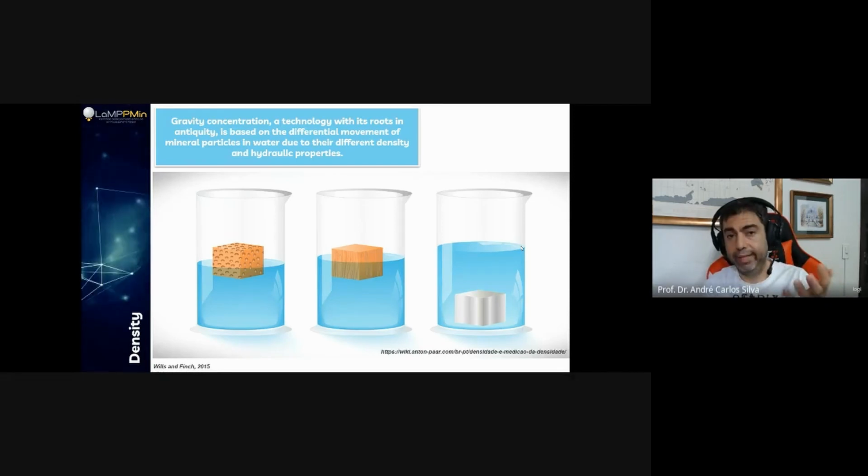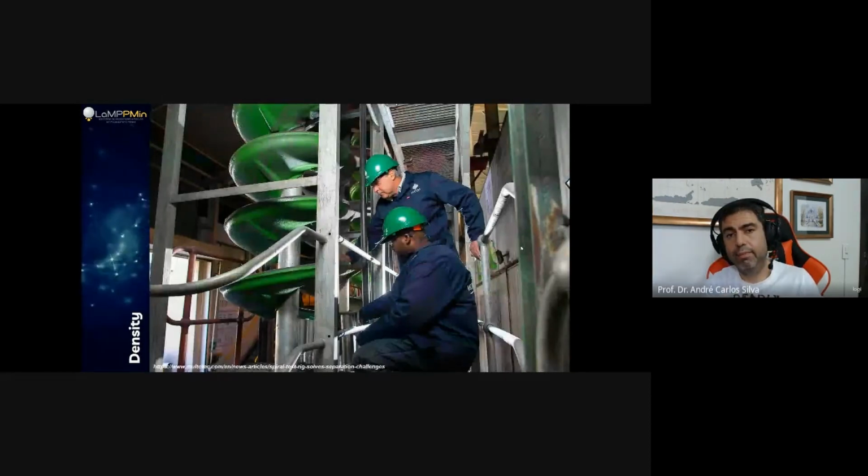Yes, it's the same word that I'm going to use for flotation. It's going to float, and the other one is going to sink, and that's the name we're going to use for this kind of technology. So I have sink material and floated material, and then I can separate both. And that goes for many minerals also.